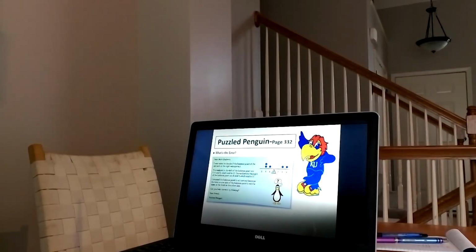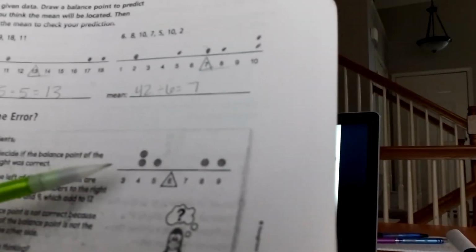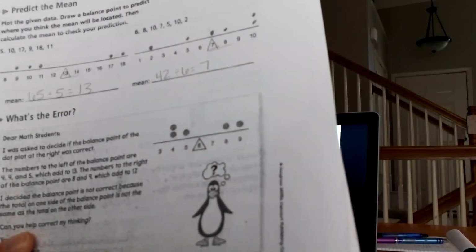I decided the balance point is not correct because the total on one side of the balance point is not the same as the total on the other side. Can you help correct my thinking? Okay, actually, does it matter that the total on the left is different from the total on the right? These aren't weights, okay?